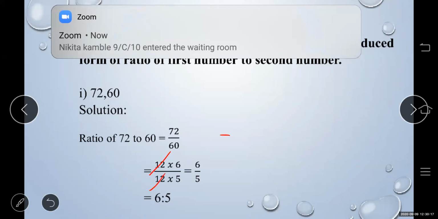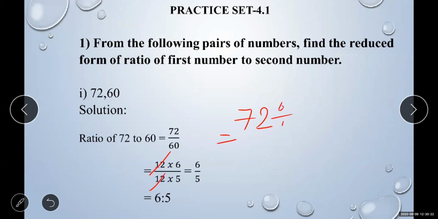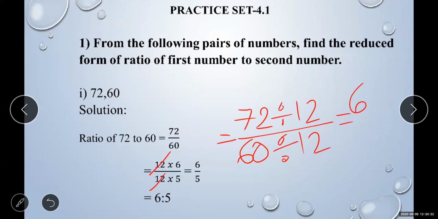Otherwise, you can write it in the form of division also: divide 72 by 12 and divide 60 by 12, and you get the same. So you will get the simplest form. That is what we call the reduced form.